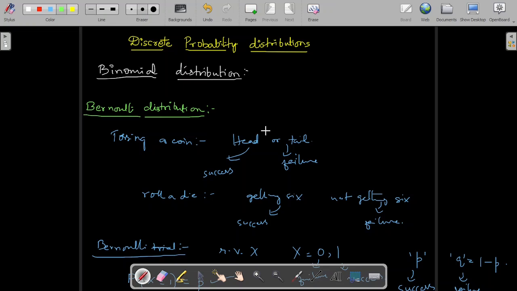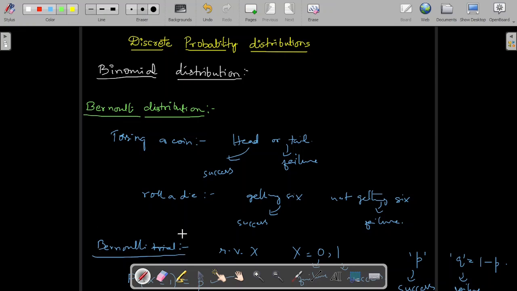If you have a random experiment which is dichotomous in nature, with yes or no type of answers for the outcomes, then we can name that as a Bernoulli trial. When you have a Bernoulli trial, the probability distribution of that Bernoulli trial is called the Bernoulli distribution.